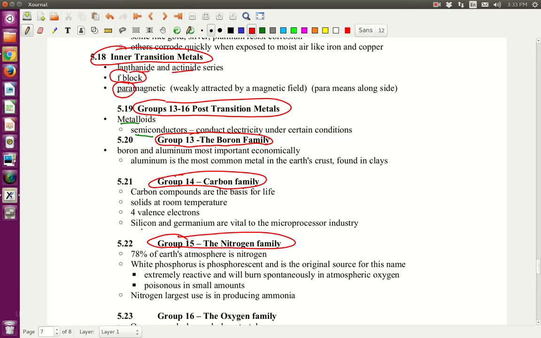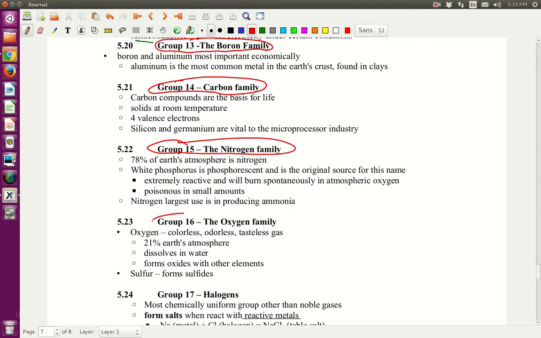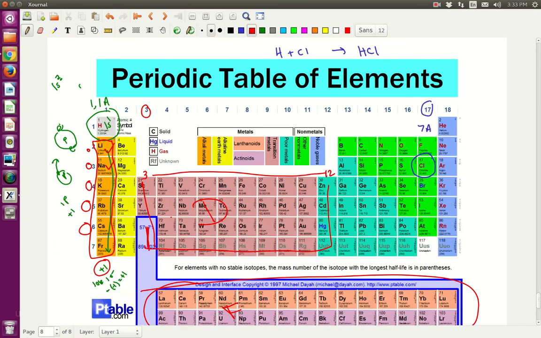So let's go down and look at groups 13, 14, 15, and 16. All those are things you need to know, but they're super easy because all they are is the name of the first element at the top. So there's group 13, and it's the boron, the first element family. Group 14 is the carbon family. Group 15 is the nitrogen family.